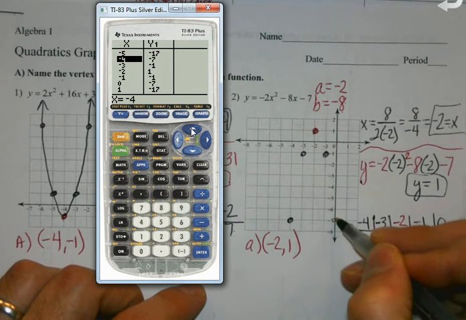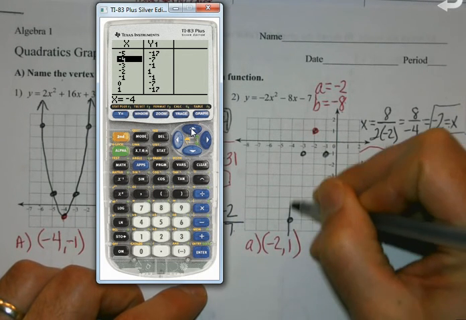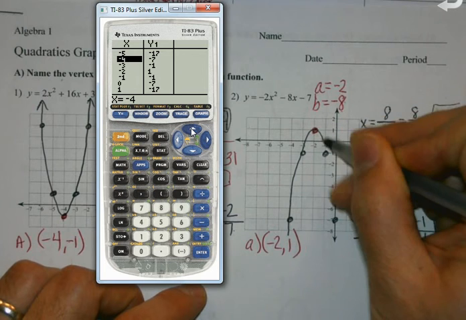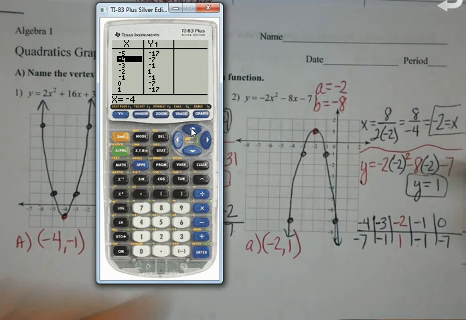And 0, -7. And I draw that in. So again, that's just some review of the first thing we were doing in these, where we were figuring out that B and then working our way that way. But again, make sure to name our vertex.